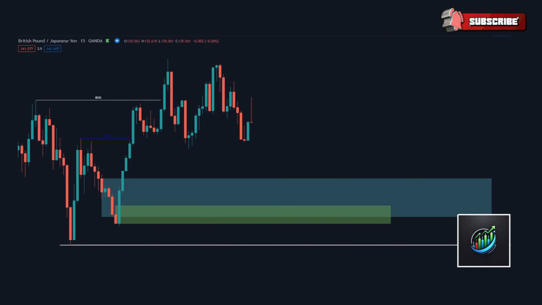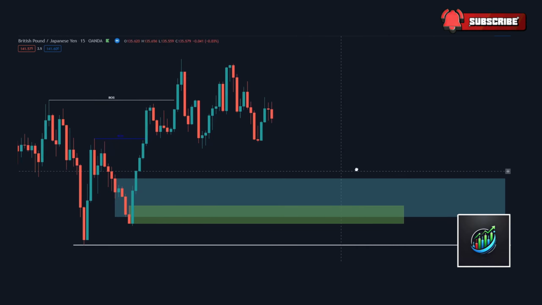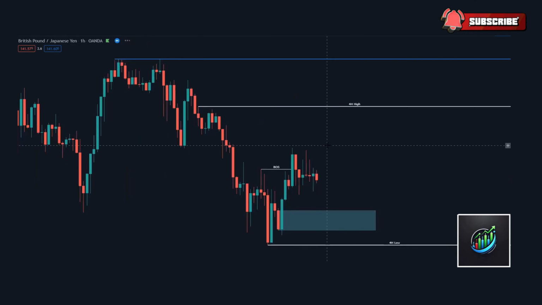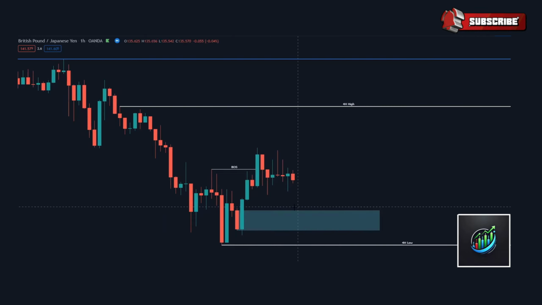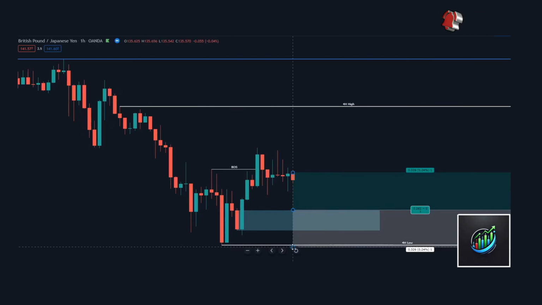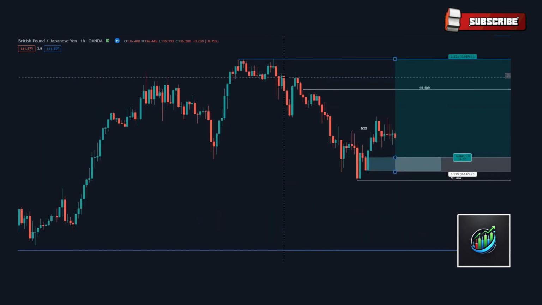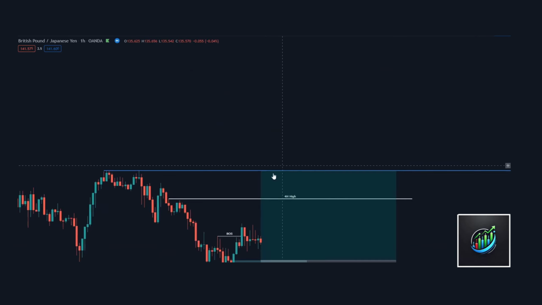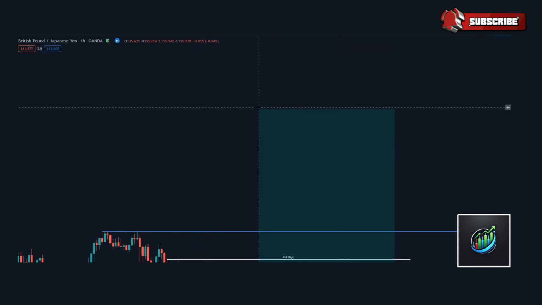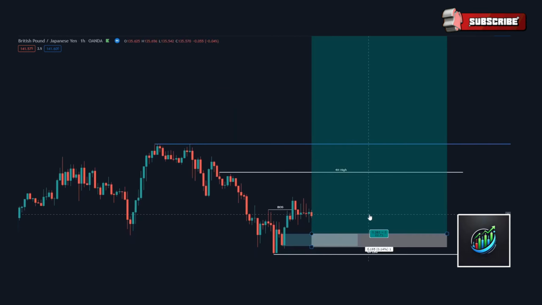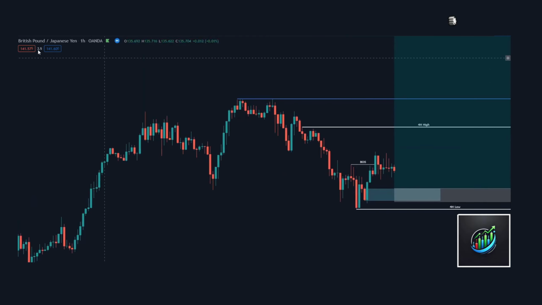Now there's two things we can do in this situation as we are looking to enter in this particular value area. The first thing we could have done is placed a buy limit order on the 1 hour block with a stop just below, and then a target of the 4 hour high, the daily high, and ultimately the weekly high, which is what this trade is based on, which would allow us an overall 22.7 hour trade.